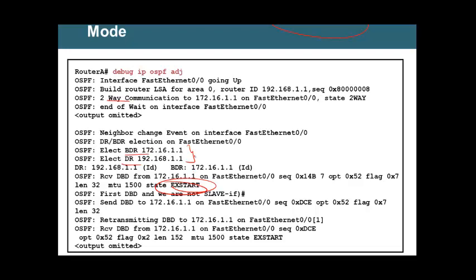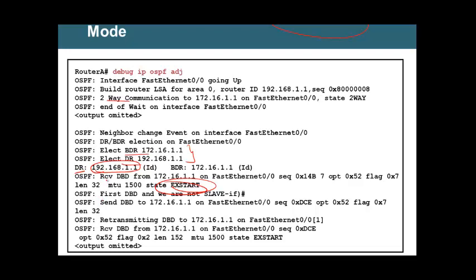By sending hello packets, they all talk to each other, compare the router IDs and priorities based on which one of the routers will be elected as the designated router. And the other one is backup designated router. Initially, BDR will be elected, and then the BDR will promote itself to DR. So what I'm trying to say is, the router with this router ID did not become DR directly.